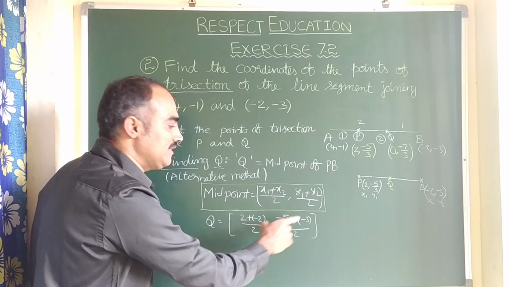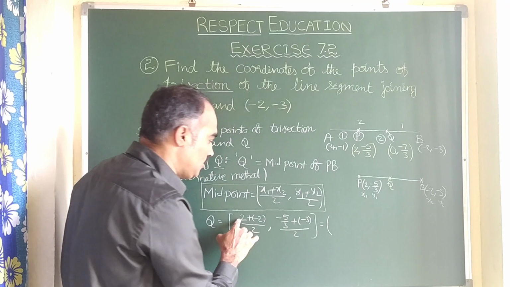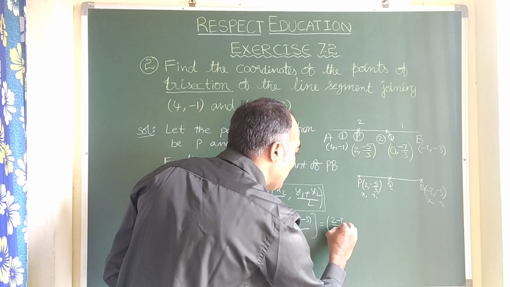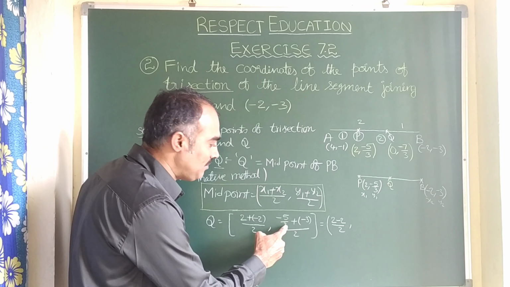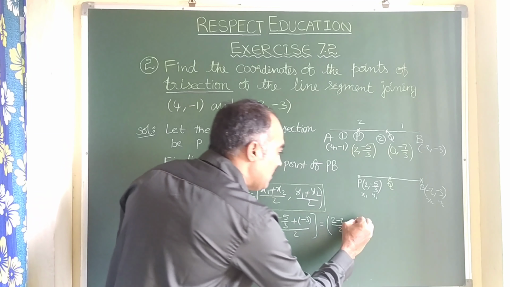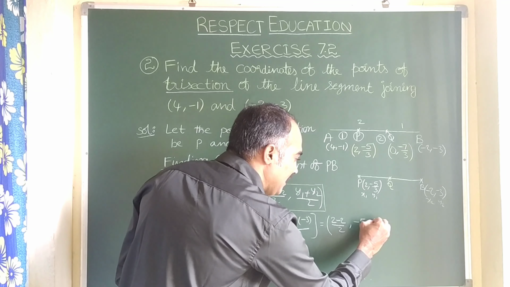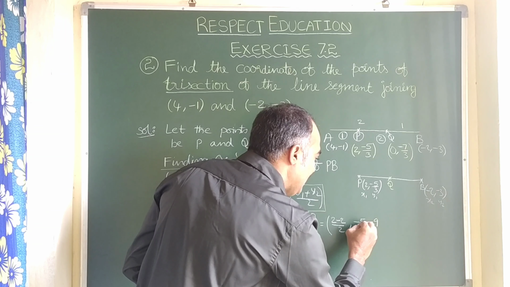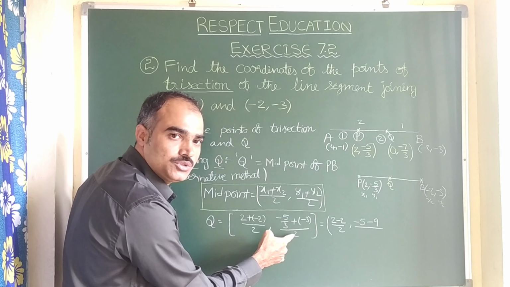So on simplifying this we will get the Q value. Let us simplify this. See 2 plus and minus is minus, it is 2 minus 2 by 2, right? Let us take 3 as LCM. Here minus 5 comes as it is, minus 5 plus into minus is minus, 3 3s are 9, by here this 3 will be multiplied by this 2.